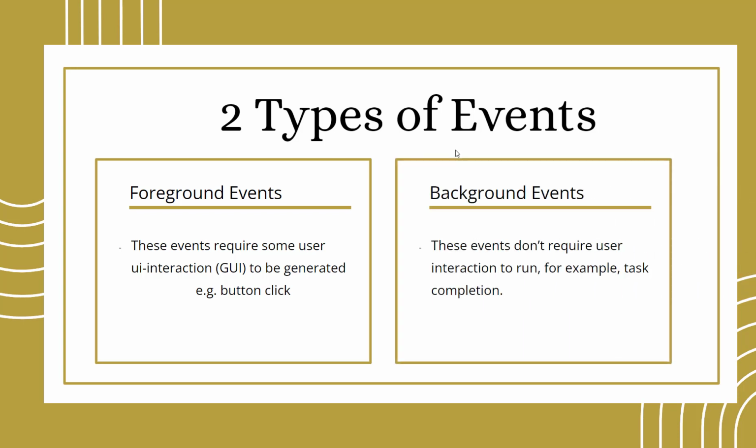The second category of events are background events, and these events do not require user interaction to run. For example, task completion. Let's say you have a database somewhere and you want to run another function once a user has been added to the database.